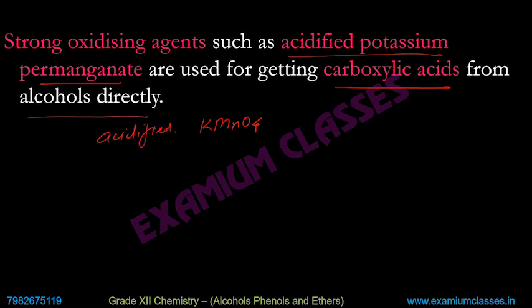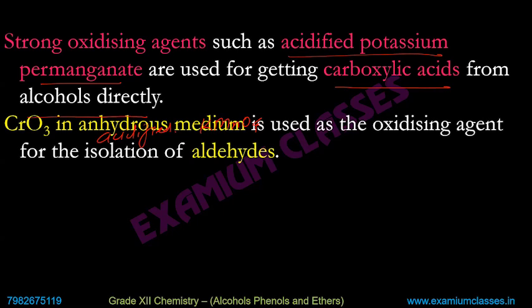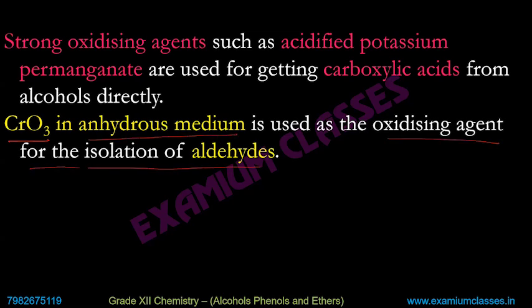So if you use acidified KMnO4, the alcohol will directly get converted to carboxylic acid without getting converted to aldehyde. Now, CrO3 in anhydrous medium is used as oxidizing agent for isolation of aldehydes. For aldehydes, we will use CrO3.